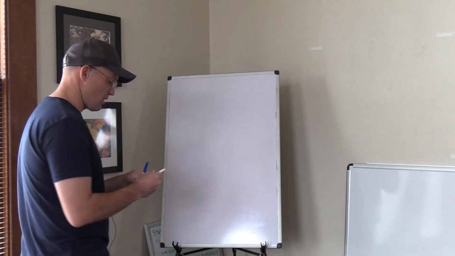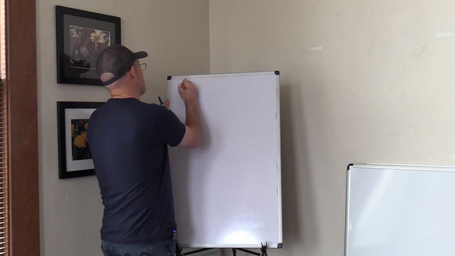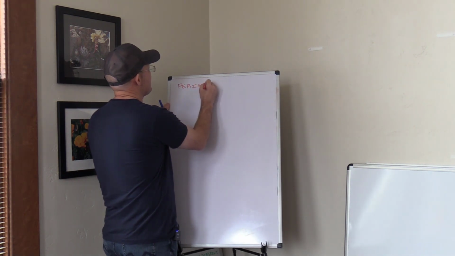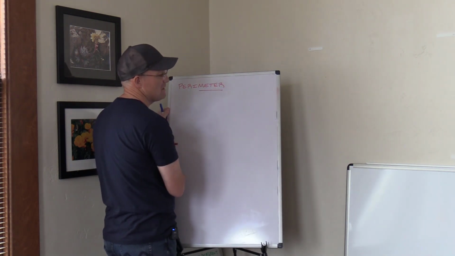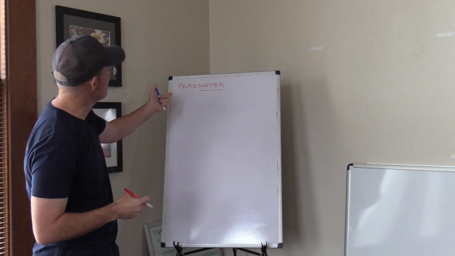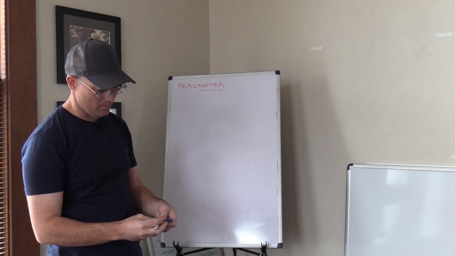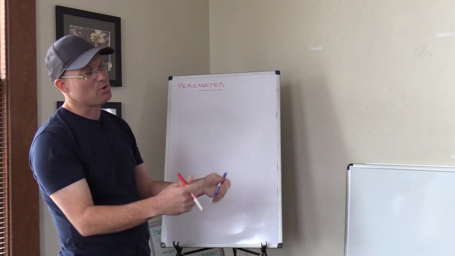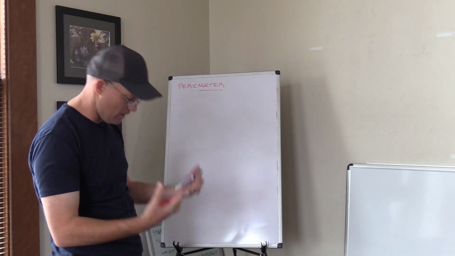So let's go ahead and talk about this concept of perimeter in geometry. Perimeter. You can see it has that word meter in it, right? Meter or measure. So perimeter means a measure around the outside. It's a measurement of the length around the outside of the shape, or another way to think of it is if you take all the sides of a shape and sum up their lengths, that's the perimeter.